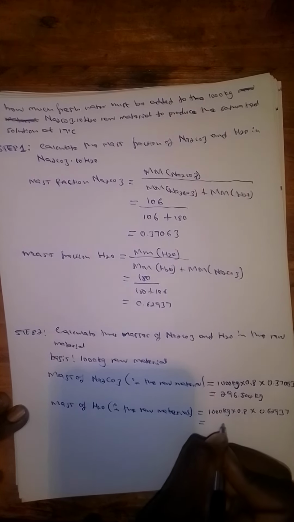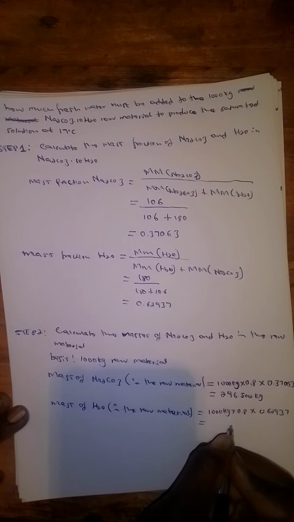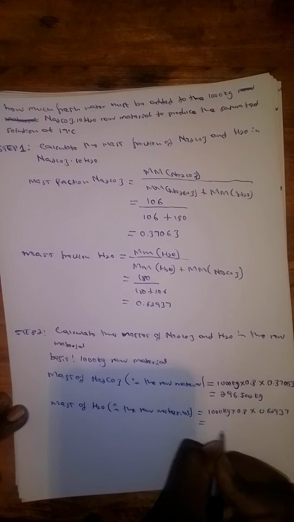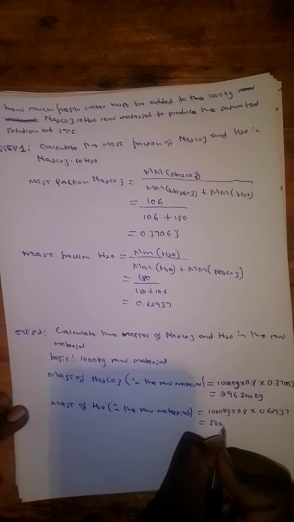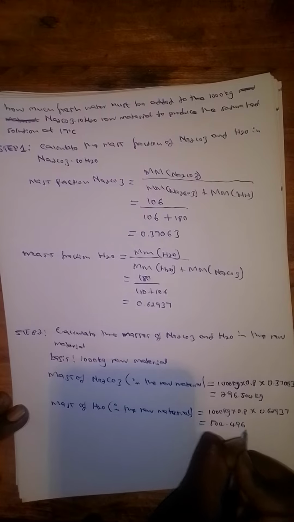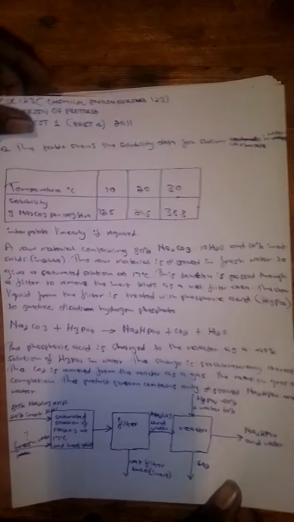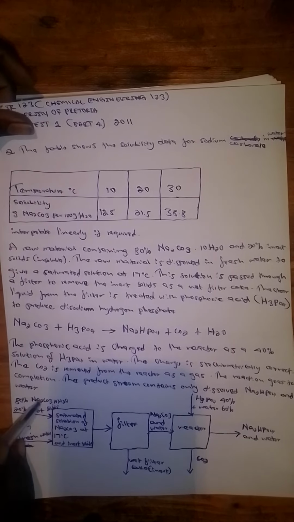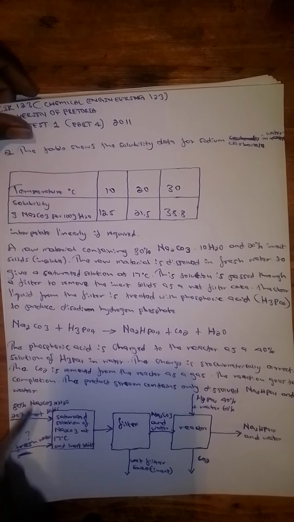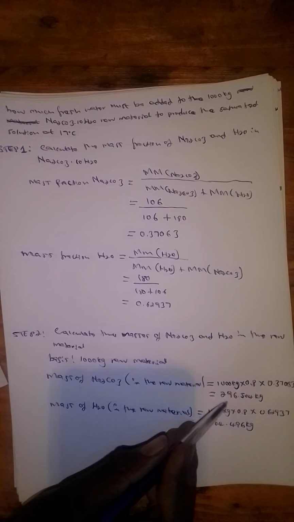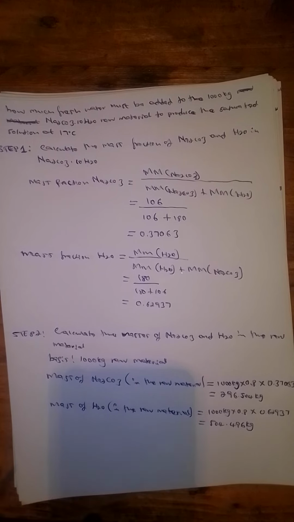If you use your calculator, it gives you 504.496 kilograms. So we know that the mass of Na2CO3 in this whole raw material is 296.504, and the mass of water in this whole raw material is 504.496.